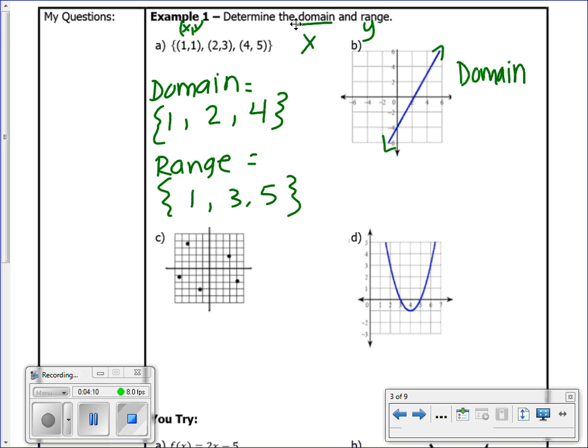And then if I look to the right, does this line keep going on forever and ever? It does. And from there, it's approaching positive infinity. So we can write our domain in two ways. We can write domain equals, and this fancy R, two vertical lines going down and then the R. This represents all real numbers.